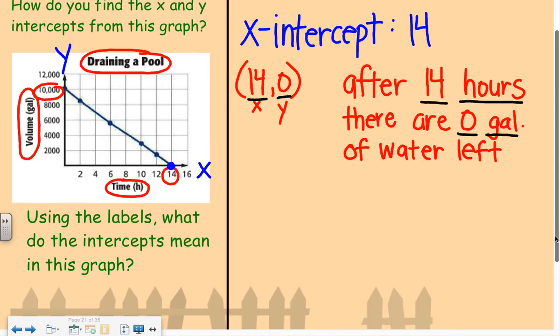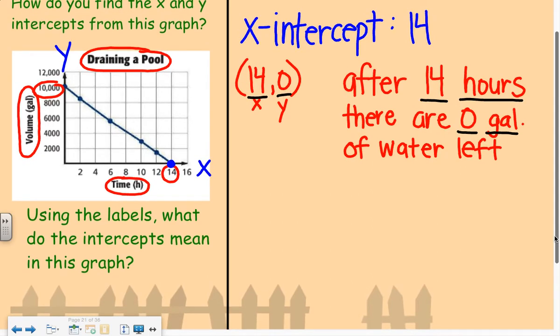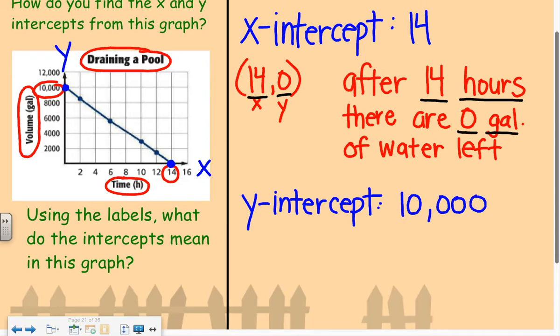So let's try practicing that with the y-intercept again. So the y-intercept, where my line crosses the y-axis, is right here where I just made a blue dot. So that number is 10,000. So I'm going to write my coordinate point as 0, 10,000, and I'm going to make sure the numbers 0 and 10,000 both get used in my meaning.